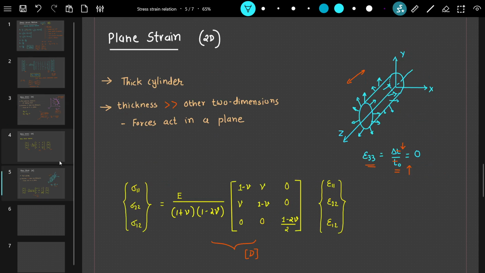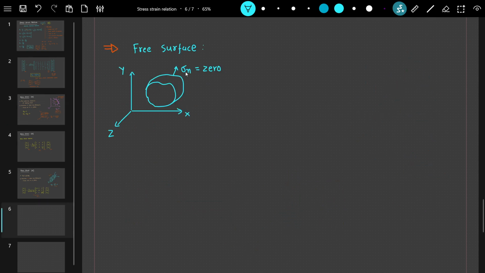So in a free surface also, the surface is present, but to produce stress in the surface normal direction, there is no other surface which can resist this deformation. Therefore sigma n, the stress component normal to the surface, is always equal to 0.